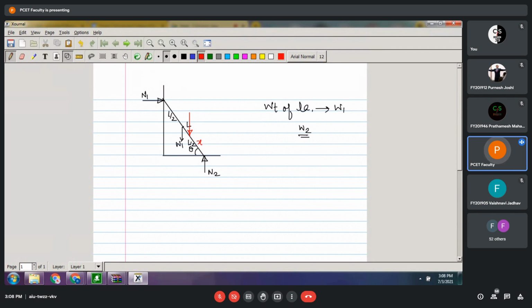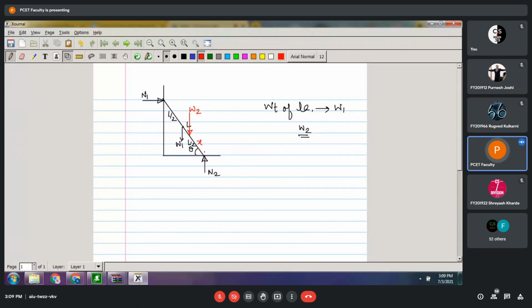But once he reaches this X meter distance, this ladder will have tendency to slip down. Have you observed this? Yes, ma'am. Now, if suppose this ladder will have tendency to slip, whether it will have tendency to slip inward or outward? Outward. Obviously outward.